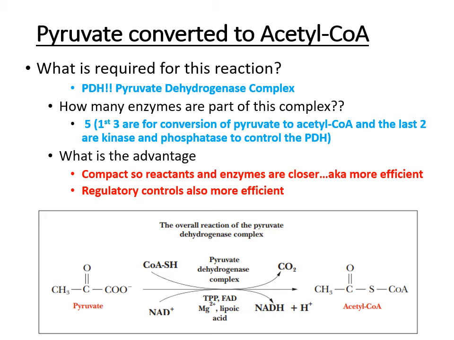And so now you have reactants and enzymes closer together, which will increase the efficiency and make things happen much faster. And you also have regulatory controls being more efficient because, again, when everything is nice and compact within a single multi-enzyme structure, you end up having more areas to regulate, basically, more areas that you can activate, more areas that you can inhibit.